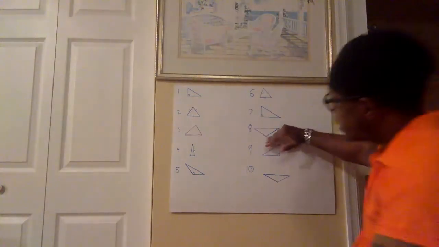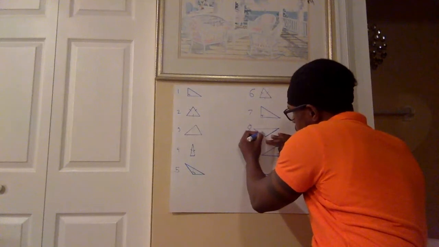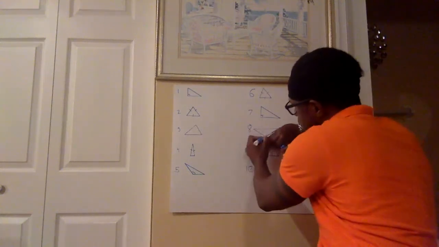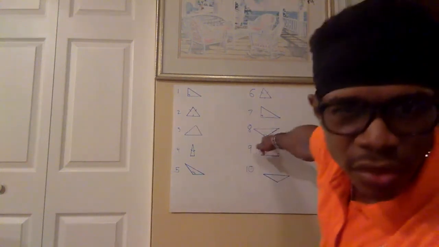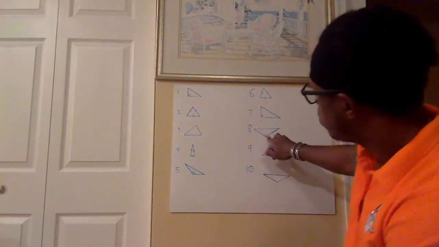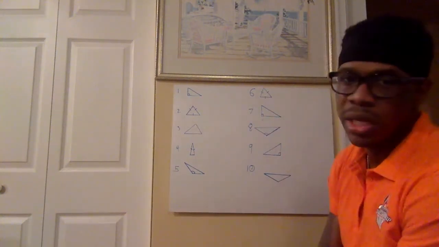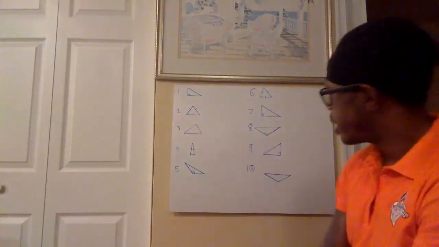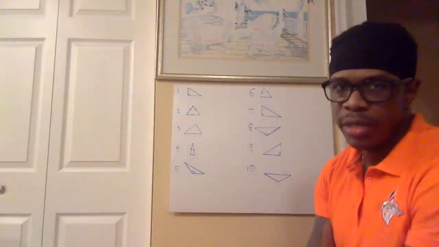But if we line up here and make our 90 degree, we can see that this angle right here is actually greater than 90 degrees. Number eight is obtuse.